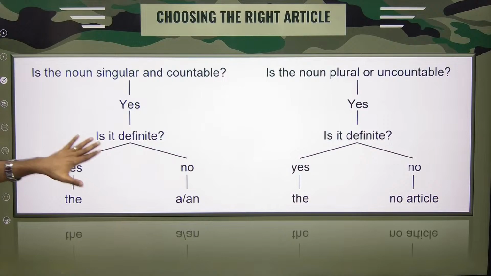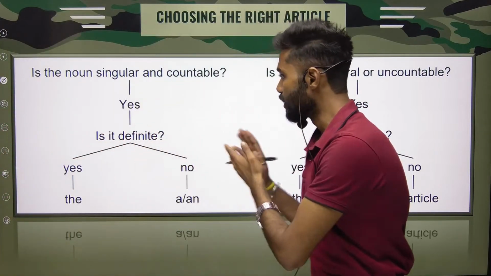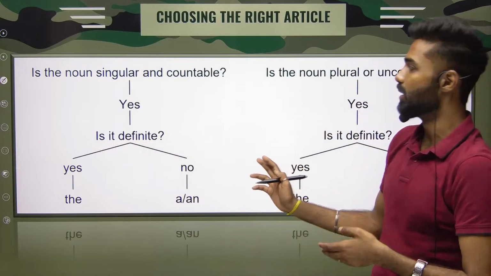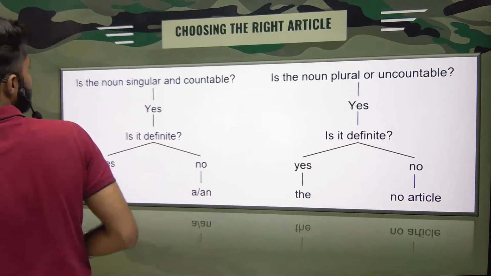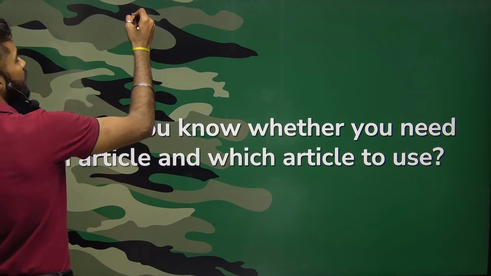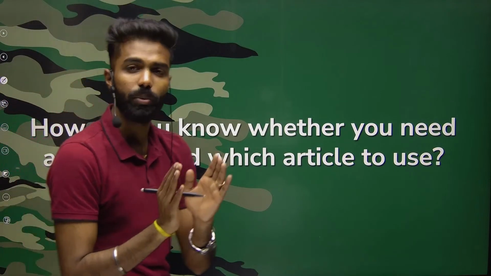Before that, go through this table. This table is going to be the root thing. If you're going to have anything about articles, it has to be this table. Let me summarize this table for you in this slide. For example, you have a noun. I told you already, you're going to place an article only before a noun.